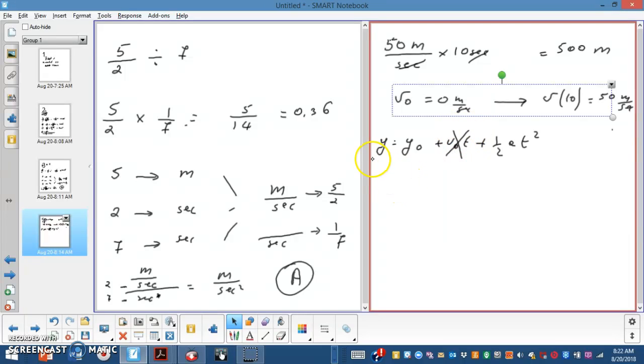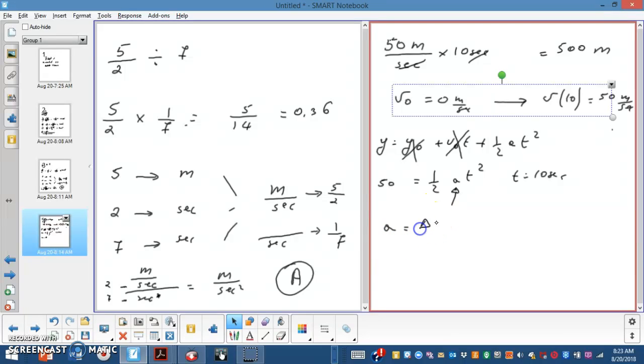Your displacement in total is the 50 meters. This is 0 at that point. So you have 1/2 a t squared. And from here, you know that your time is 10 seconds, but you have no information straightforward for the acceleration. So this means you have to go through the acceleration process first.